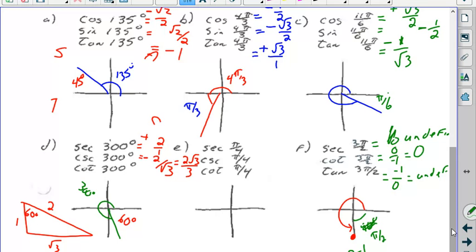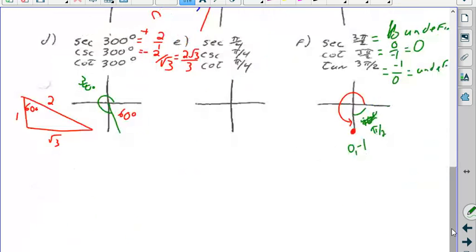Those cardinal points, those are the ones that I actually think that you probably should memorize. So you should know pi over 2, pi, 3 pi over 2, and 0 and 2 pi.